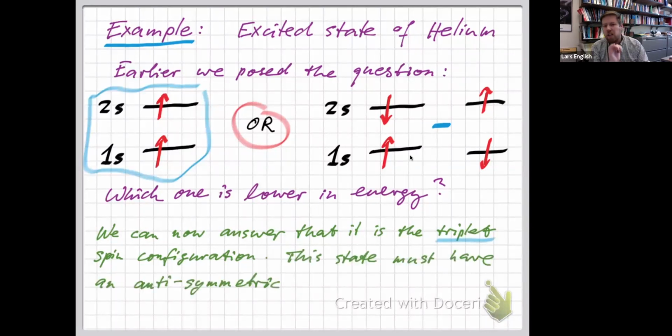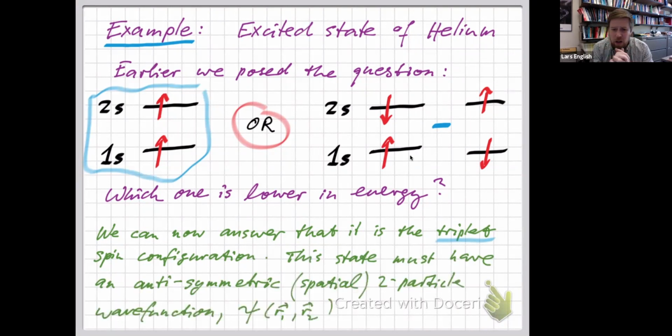As far as the two-particle spin state is concerned, when we're in the triplet state, it is a symmetric spin configuration. They're both pointing up. So if you exchange them, you get the same thing back as far as spin is concerned. So it's clearly a symmetric spin state. And overall, the combined state has to be anti-symmetric.